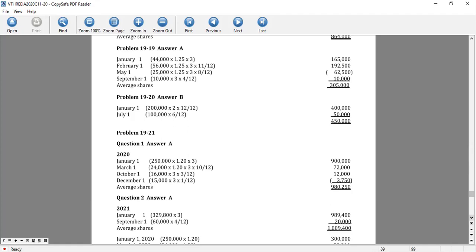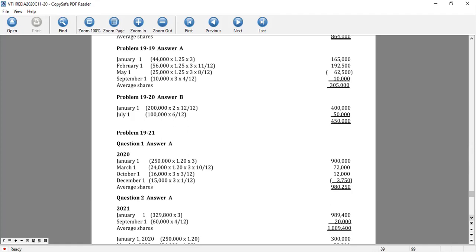So times 1 over 12, December 1 up to December 31. Now we have a negative 3,750. The average shares outstanding in 2020 is 980,250.